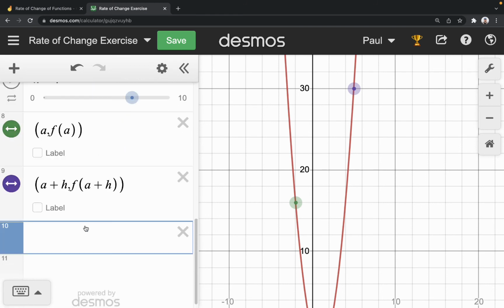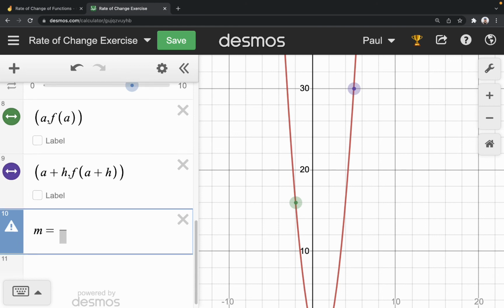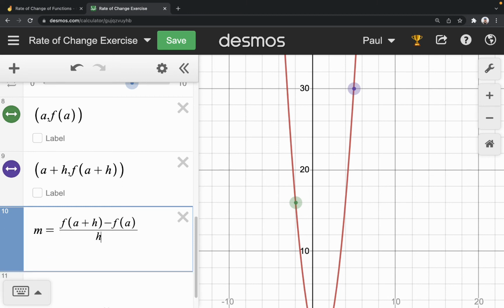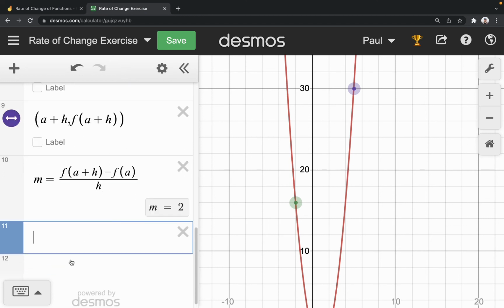And now I have the slope of the line in between. I'll use an m for that. It is going to be the fraction f of a plus h minus f of a over h, slope of 2. And my y-intercept, if you want to figure this one out, I'm going to leave that up to you.